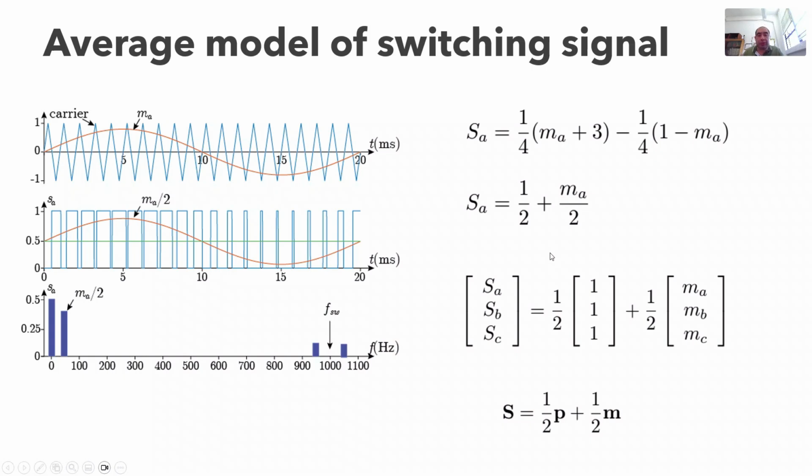And of course, this is also valid for phase B and C. And in a more simplified notation, we can write down this expression for the mean value of the switching signals with the vector P, which is only 1, 1, and 1, and the vector of the modulation indexes.